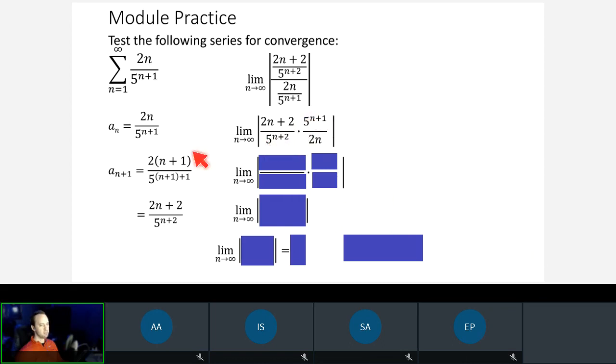Somebody already said in chat, we just reduce it by 1. So it becomes 5 to the n plus 1 times 5 to the first. Going the other direction, which is easier, same base, you add exponents. Is n plus 1 plus 1 n plus 2? The answer is yes. So that means we expanded it correctly.